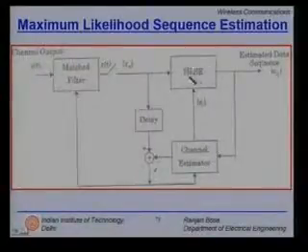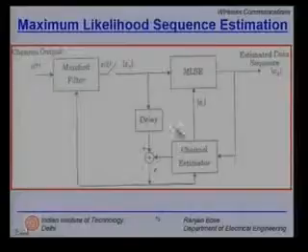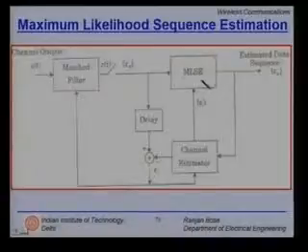You have this maximum likelihood sequence estimation being implemented using a Viterbi algorithm, and then you have a delay and channel estimator, which goes in a loop and adjusts the matched filter. Finally, after k stages you get the estimated data sequence out.